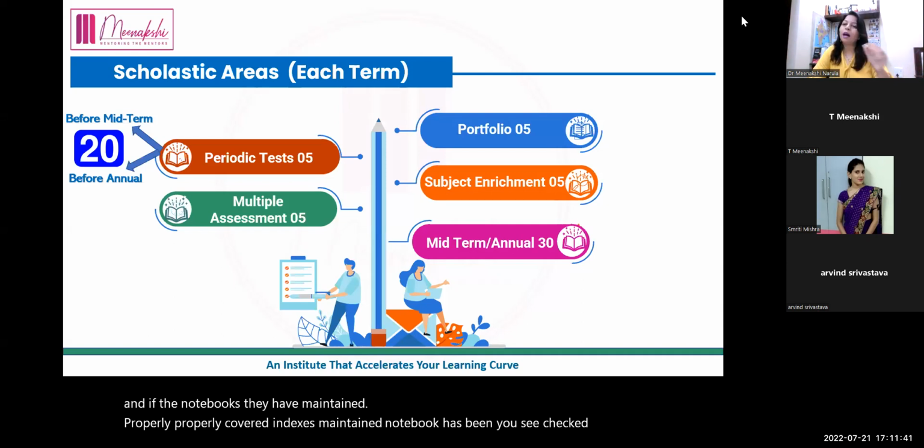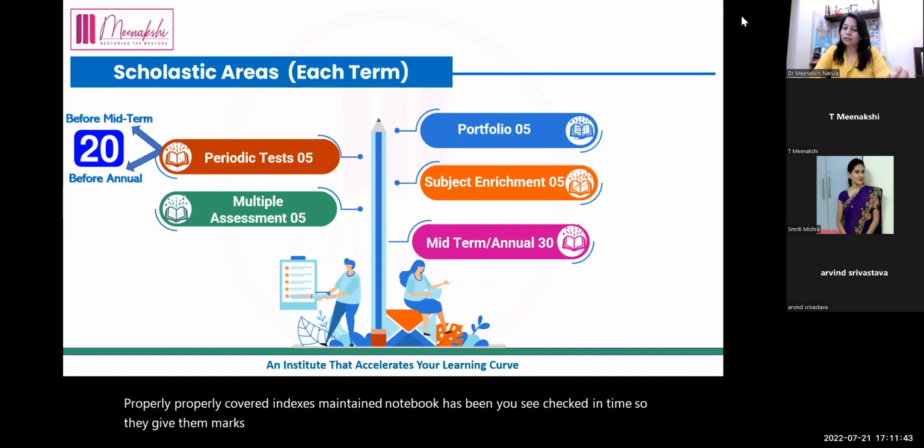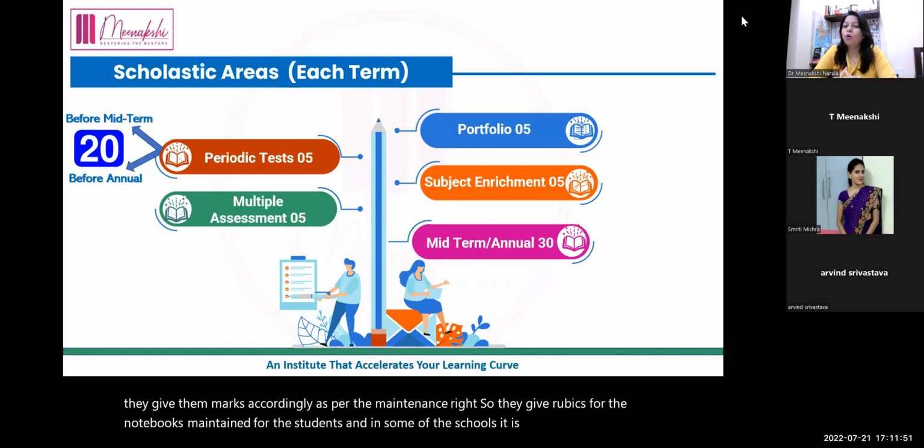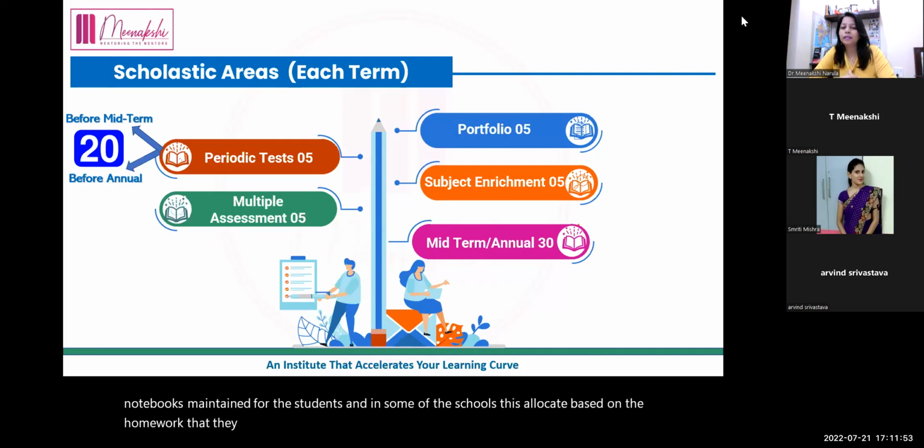So they use rubrics for notebooks maintained by the students. And in some schools, they just allocate marks based on the homework and assignments they give. So if you can just ping in the chat box how you grade this, then I will be able to move further.